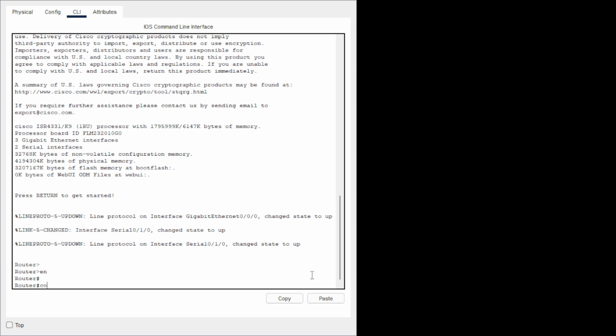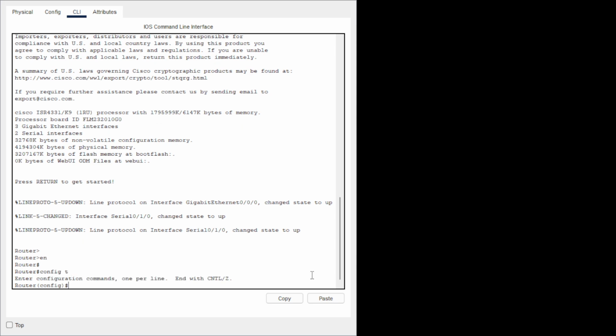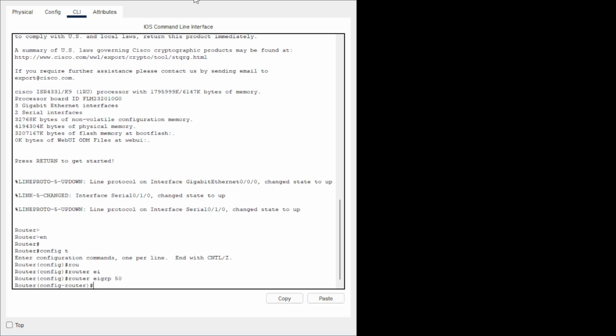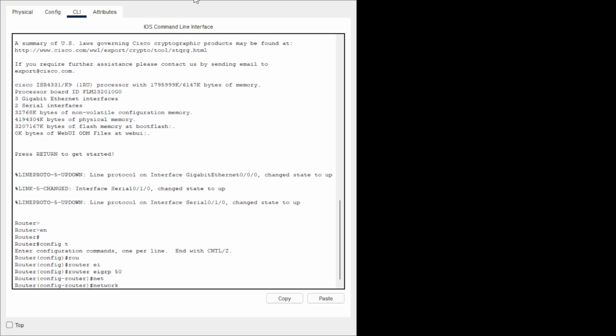Enable, config t, router EIGRP, ASN number is 50, and the first network is connected to its gig port, 192.168.2.0 0.0.0.63.